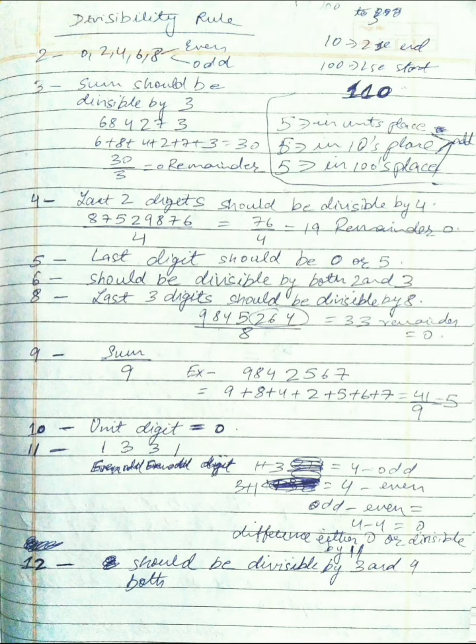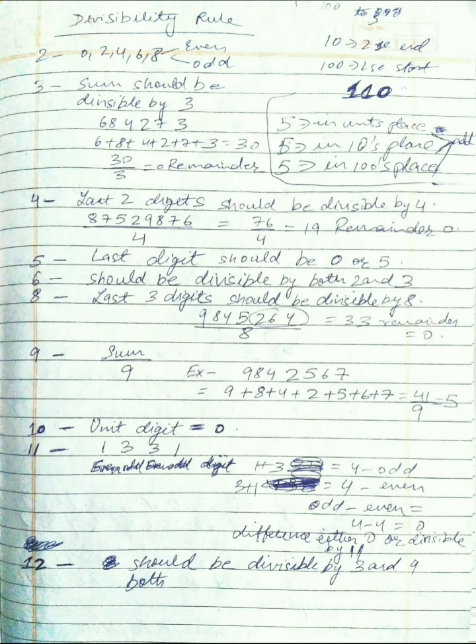The first place digit is 1, so it is odd, the second place digit is 3, so it is even. Again the third place digit is 3, so it is odd, and the fourth place digit is 1, so it is even. I have also written in the notes that the first is odd, second is even, third is odd, fourth is even.